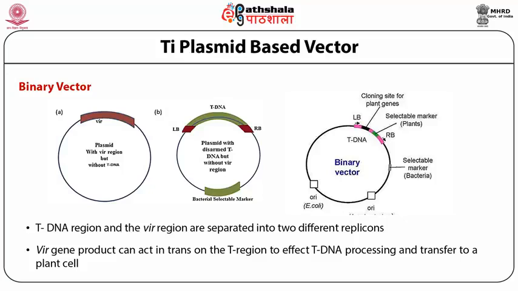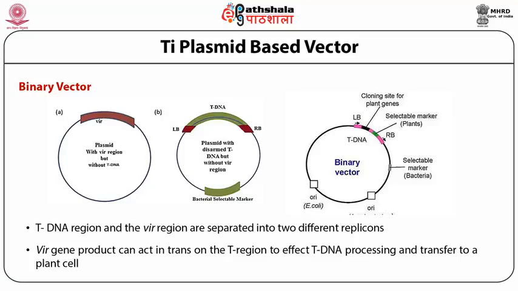This large plasmid containing only Vir genes and some other essential genes, but without tDNA, is transferred back to Agrobacterium. There's another smaller vector which is easy to manipulate. This vector is one into which the tDNA is incorporated, but this is a disarmed tDNA.